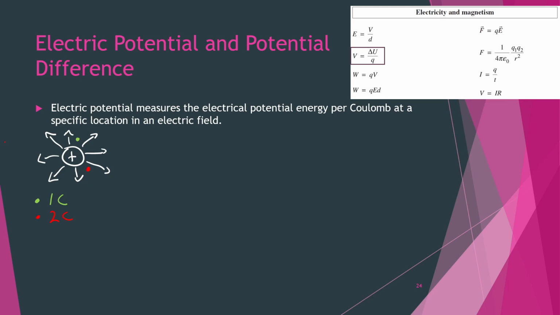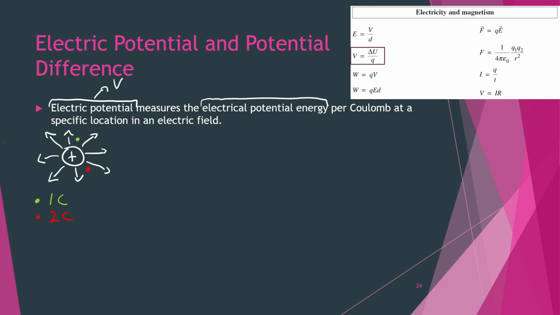Essentially, in this scenario, assuming that the electric potential was uniform around the field, and both particles were stationary, we would assume that the red particle would have twice the amount of electrical potential energy stored inside the particle because it has twice the charge of the green particle. This is defined by our equation here in our data sheet that V is equal to delta U on Q. V here is our electrical potential.